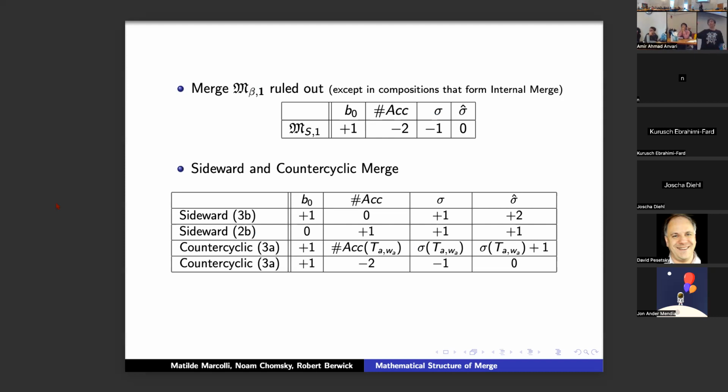I said it because of this grading story, but also because you see here that if you take it by itself, it would violate these rules, because it increases the number of components and decreases accessible terms, which is exactly the opposite of what you're supposed to have. But when it occurs in combination with an external merge to form internal merge, this gets exactly compensated and gives the correct behavior.